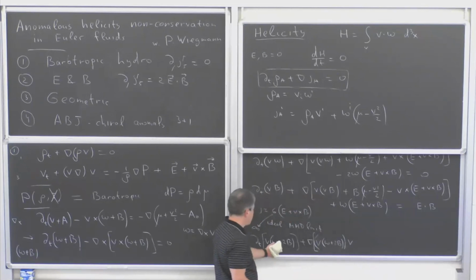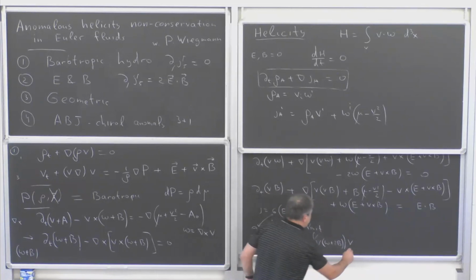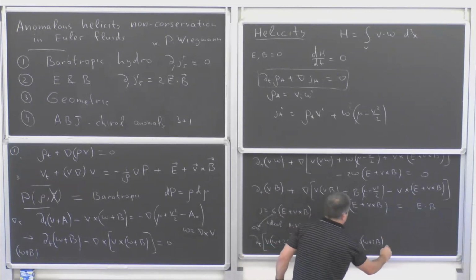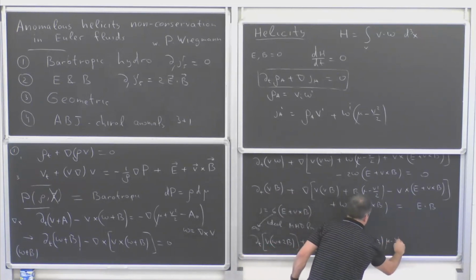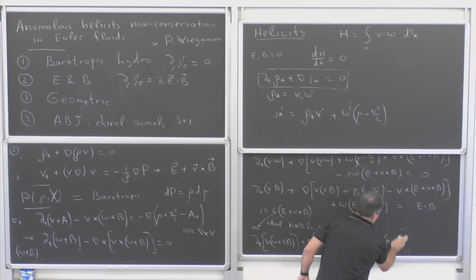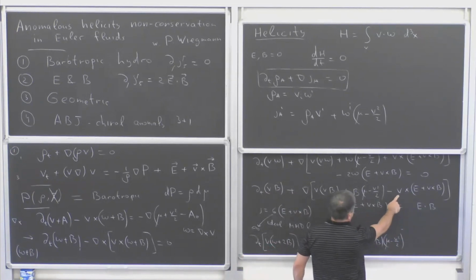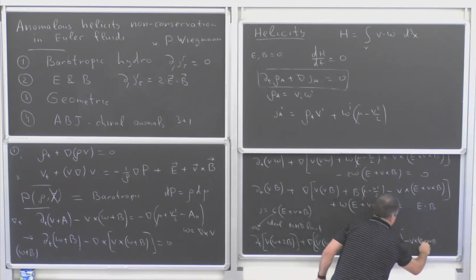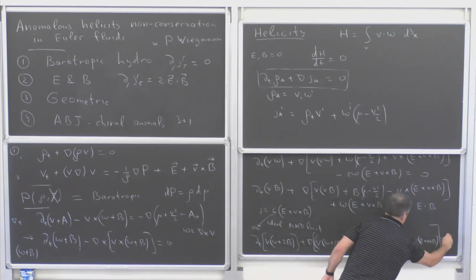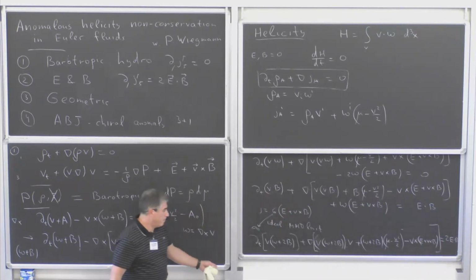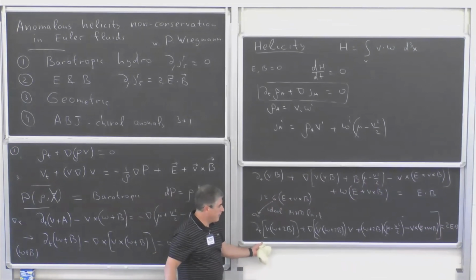So this is the same quantity multiplied by velocity, plus (omega plus 2b) multiplied by this interesting object. Then this piece, because it's multiplied by 2 or by 1, has minus v cross e plus v cross b, and this equals E·B.